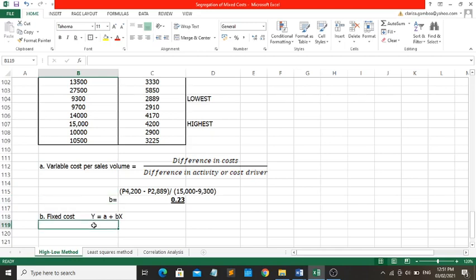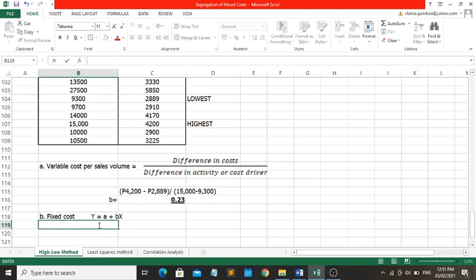After nating makuha yung value ng B, we can now compute for the total fixed cost using our formula. Isa-substitute natin kasi ito yung gagamitin natin to formulate the cost function or cost formula. Y is equal to A plus BX. So, pwede tayong mamili kung highest or lowest point yung gagamitin natin.